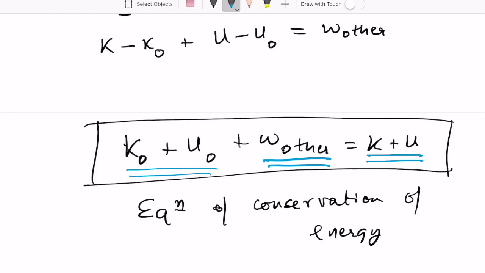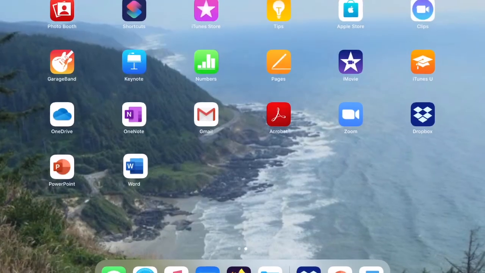If an external force does negative 3 joules of work, then 3 joules of work have been subtracted from the system, and so the new mechanical energy of the system would be 17 joules. So it's just saying that energy is always accounted for. The physical content of this is quite simple. Okay.